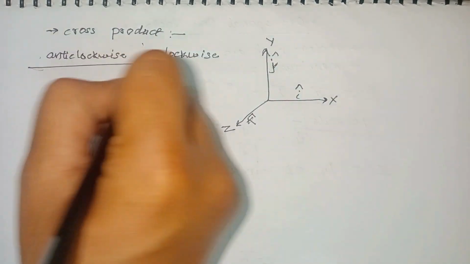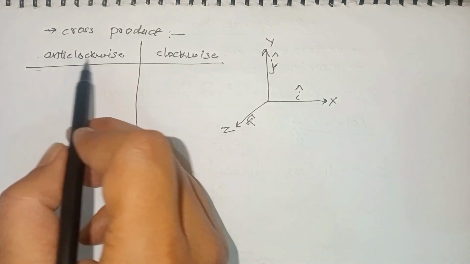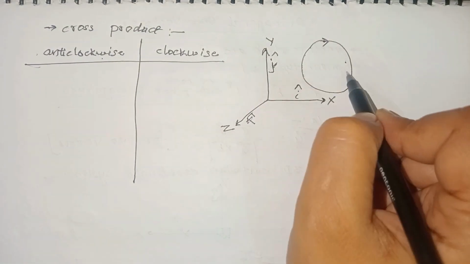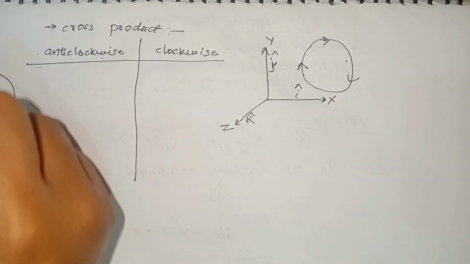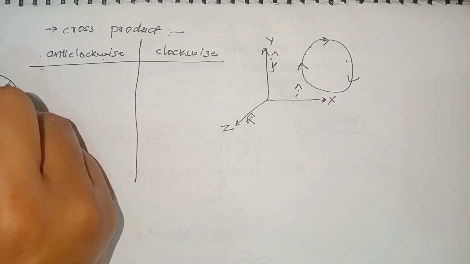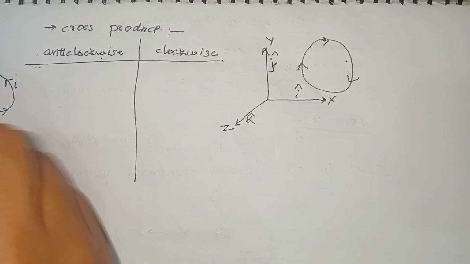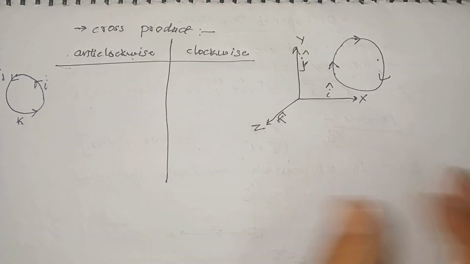Anti-clockwise means opposite to the way the clock runs, and clockwise is the way the clock runs. I am simply writing i, j, k.